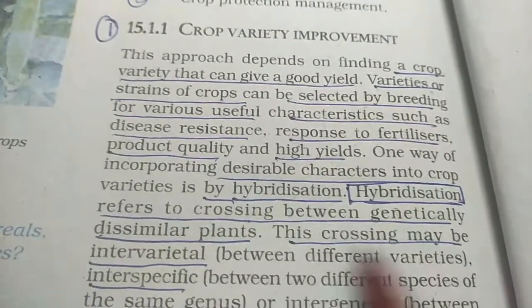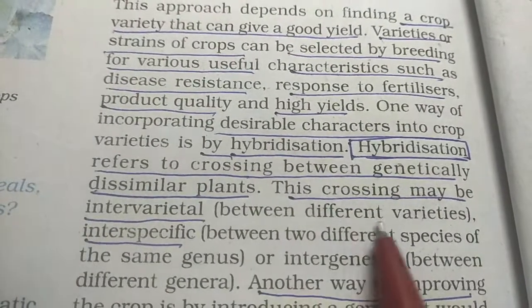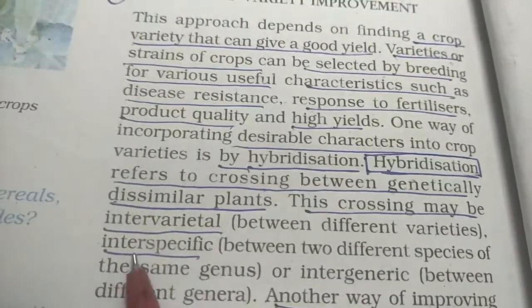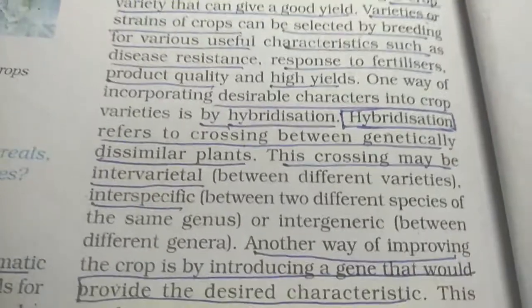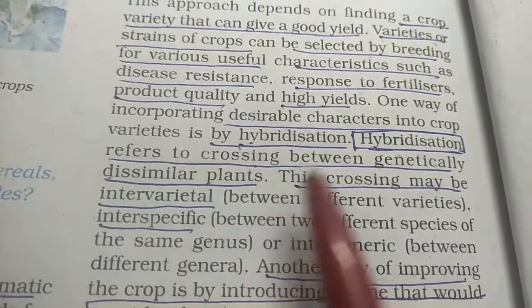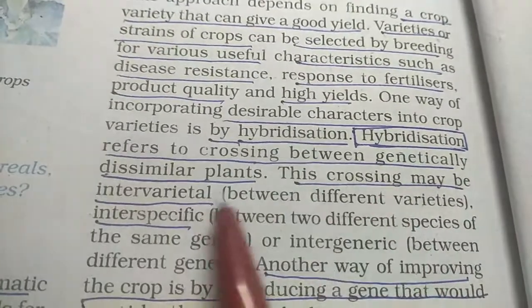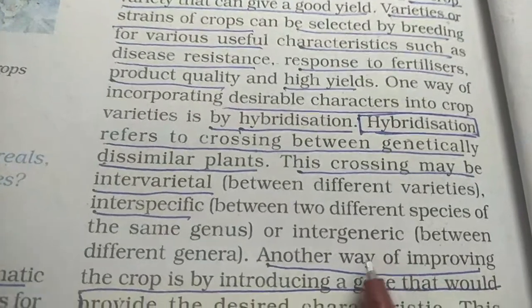The crossing may be intervarietal, meaning between different varieties. Interspecific means between two species of the same genus, or it can be intergeneric, between different genera. So hybridization can occur in three different ways: intervarietal, interspecific, and intergeneric.